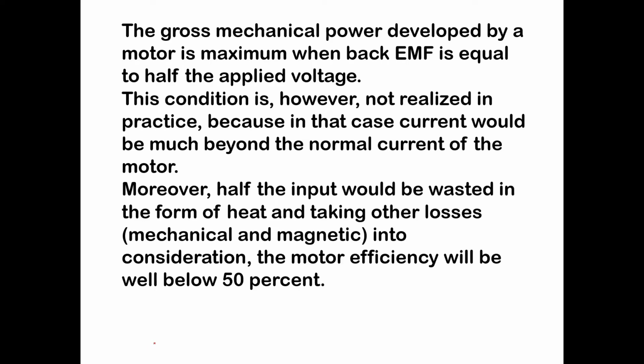The gross mechanical power developed by a motor is maximum when back EMF is equal to half the applied voltage. This condition is, however, not realized in practice, because in that case current would be much beyond the normal current of the motor. Moreover, half the input would be wasted in the form of heat.